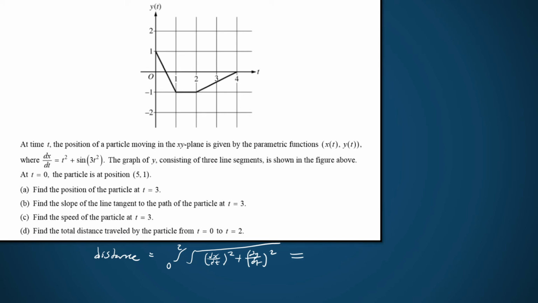Split it? How? What's my dy over dt at 0.5?